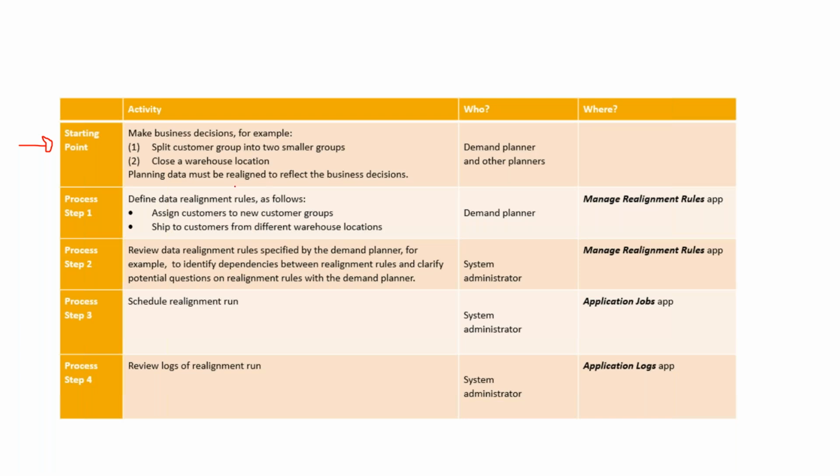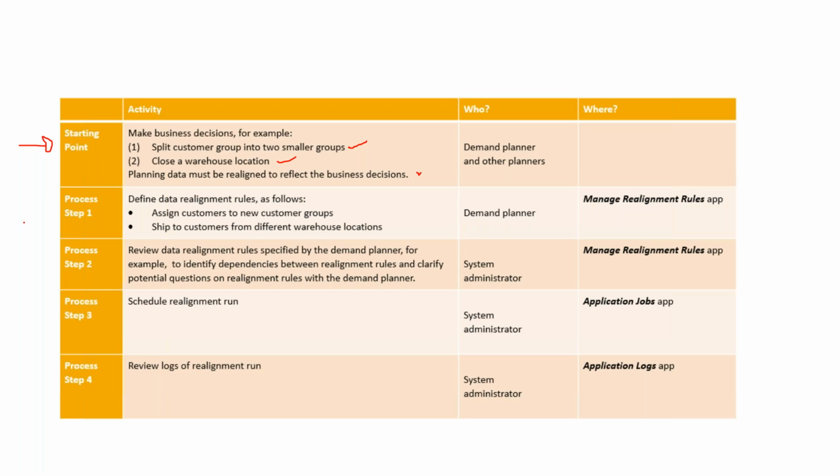The trigger is a business decision that comes in, such as splitting a customer group into 2 smaller groups, closing a warehouse location, or planning data having to be realigned to reflect the business decision. Demand planners and other planners can come up with this, and then we have a decision that has to be changed in our entire IBP system, whether in the base version or in any version. This requirement has come in.